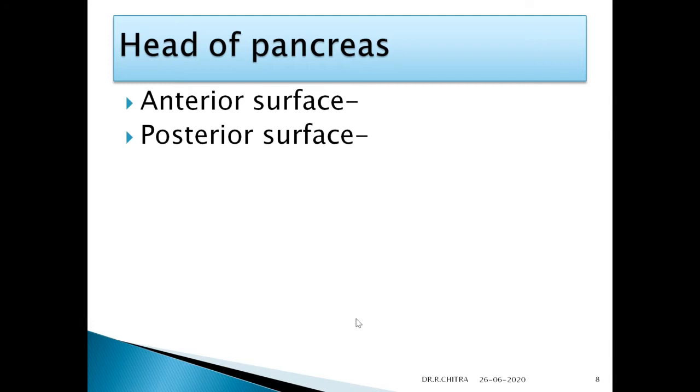Separated by the inferior vena cava, behind it we will have the right sympathetic trunk and right psoas major. At least if you remember the inferior vena cava and right crus of the diaphragm for the posterior relations of the head of the pancreas.